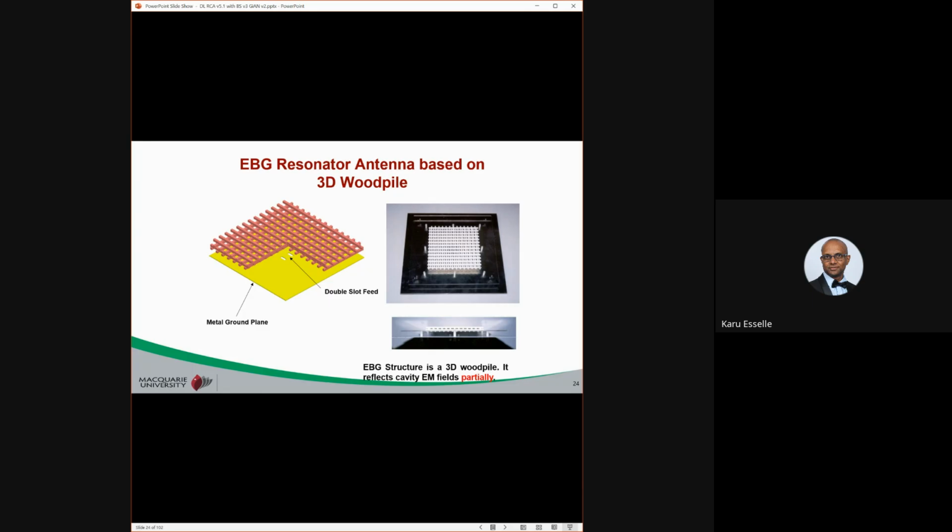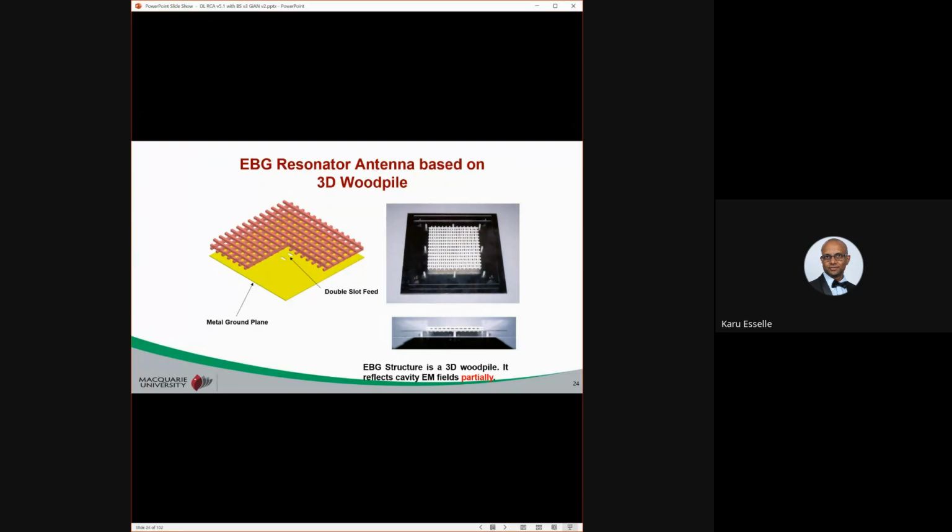So this is the 3D wood pile version of our resonant cavity antenna. We took one section that is 4 layers of the wood pile to create a resonant cavity antenna.